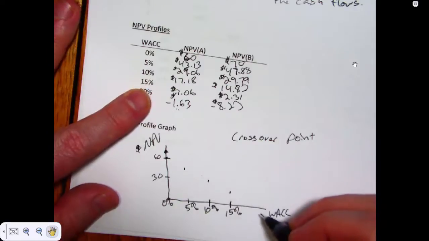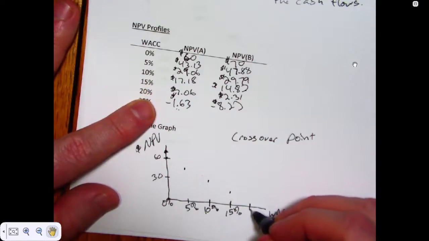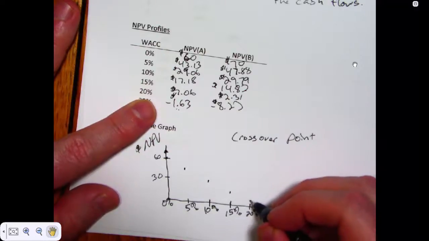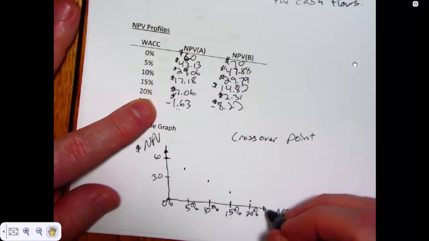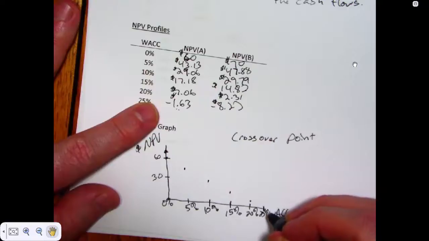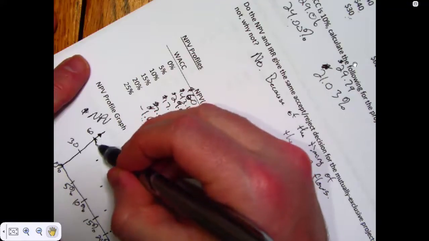At 20%, it's going to be 7.06, so maybe there. And then at 25%, we're not even going to consider it, but it's going to be just below the line. Okay, so I'm going to try to draw a line here. This is what A looks like. That's project A.